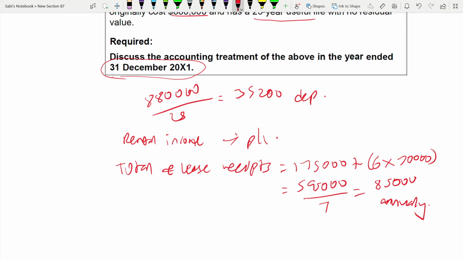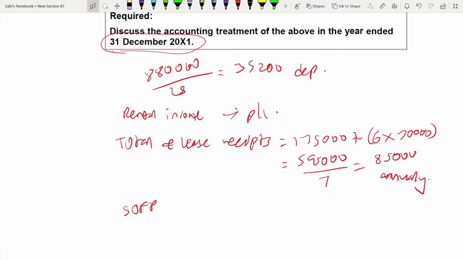Now, in your statement of financial position, SOFP, I'm using the initials, there will be a liability for deferred income. This is how you recognize operating lease income when it's for many years. This is not yet your income.